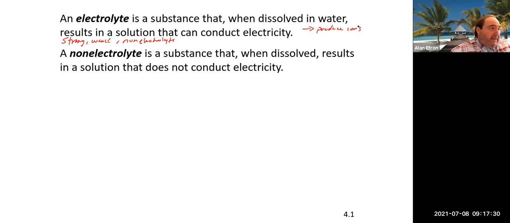In some cases, maybe not so well in other cases. That happens for a strong electrolyte and a weak electrolyte: when they're in solution, these guys will produce ions. A non-electrolyte, on the other hand, will not produce ions, and that's a key reason why it does not conduct electricity.